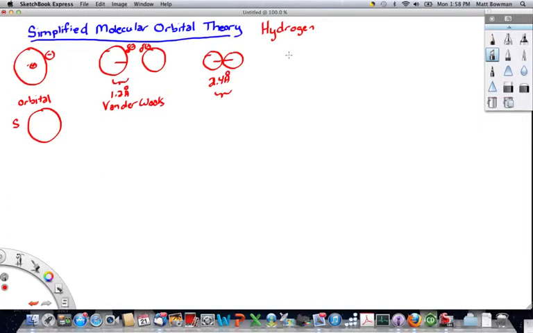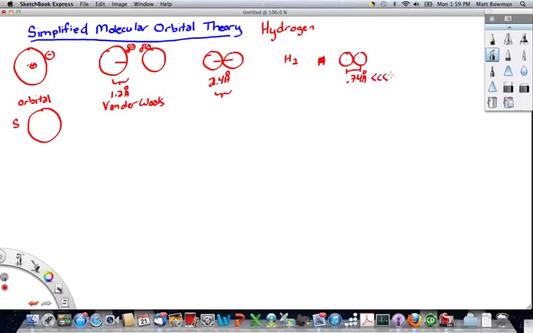Thing is, hydrogen gas itself, H2, the bond distance between the two nuclei of hydrogen has been measured to be 0.74 angstroms.